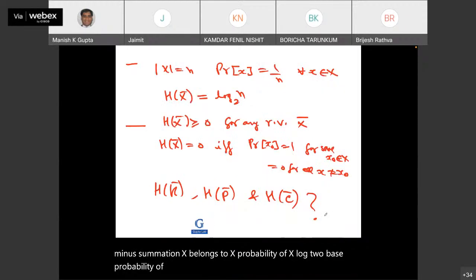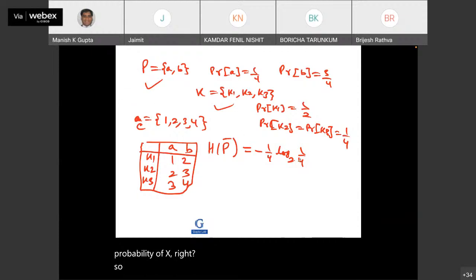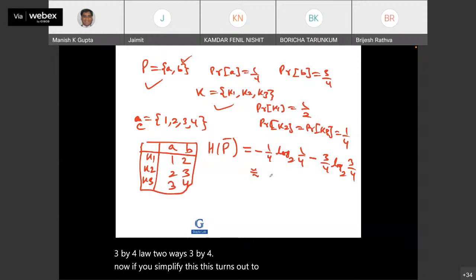So minus 1/4 log base 2 of 1/4, minus, for b, 3/4 log base 2 of 3/4. Now if you simplify this, it turns out to be roughly 0.81.